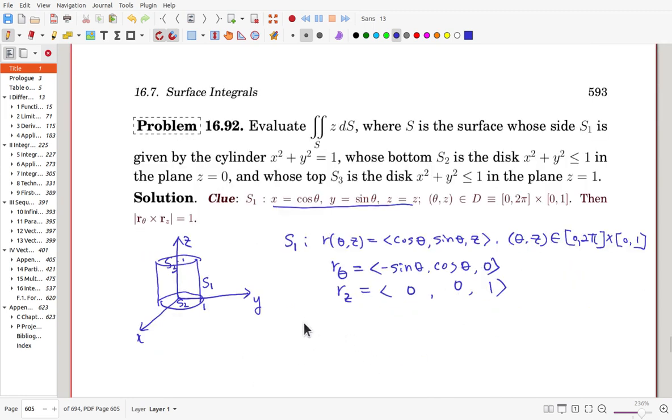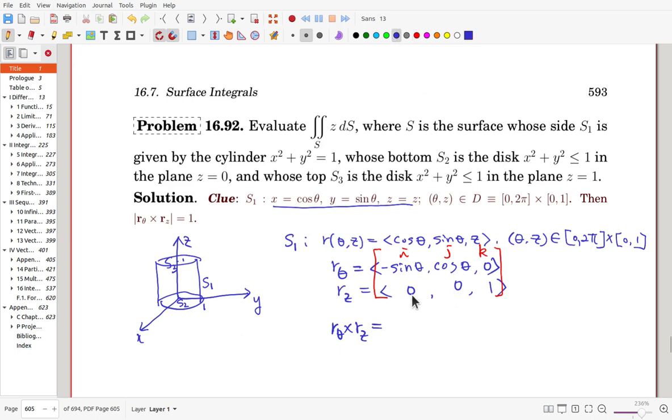From this one, we have to get the cross product, r sub theta cross r sub z. You may think of the determinant of a matrix with i, j, k in the top row and these as the second and third rows.